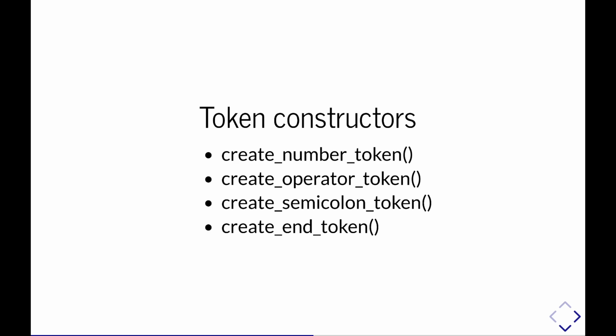If we have a number, then we know we need to make a move instruction rather than having to look for each character that the number could possibly comprise. So I've given you a library of 4 functions that will create a data structure to hold the word that we've recognized from the input: create number, create operator, create semicolon, and create end token.